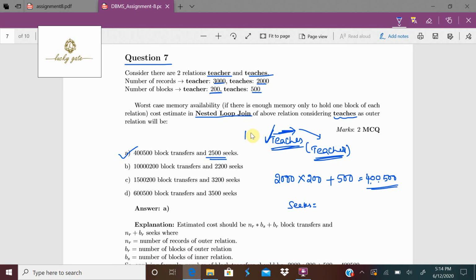From this to this is one record. After one record, a search is completed, then it should seek to the next record and continue. So how many records are there in the outer relation teachers? 2000. And for each record, we have to move all blocks of teacher, the inner loop. How many blocks are there in the inner loop? 500.